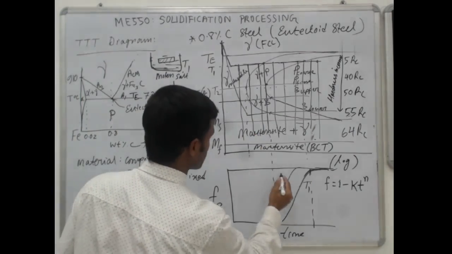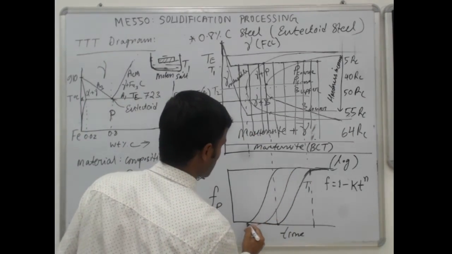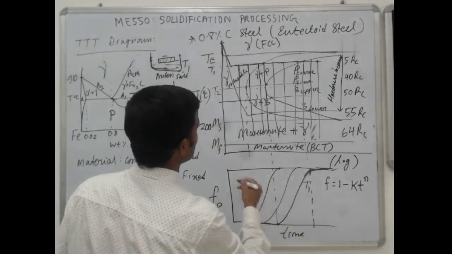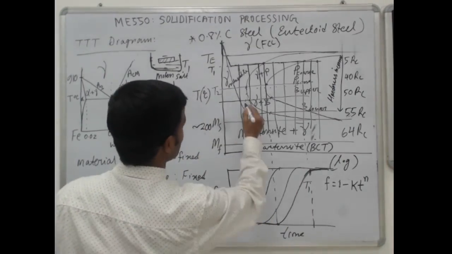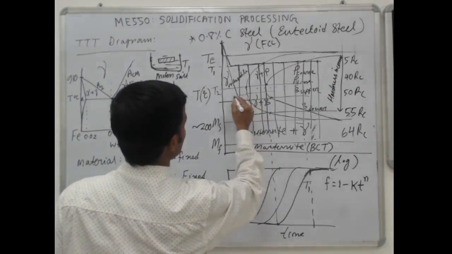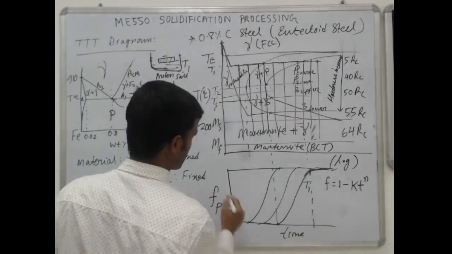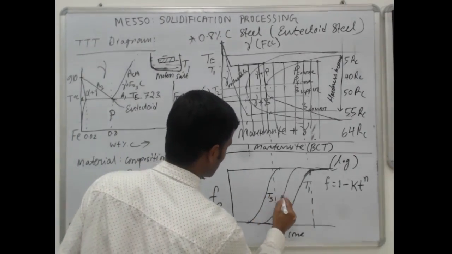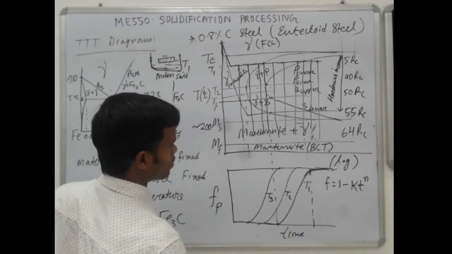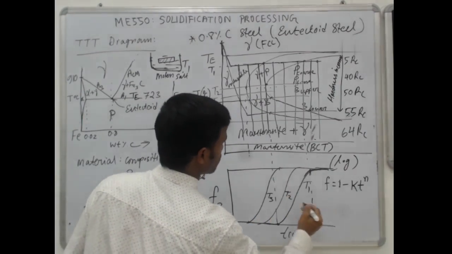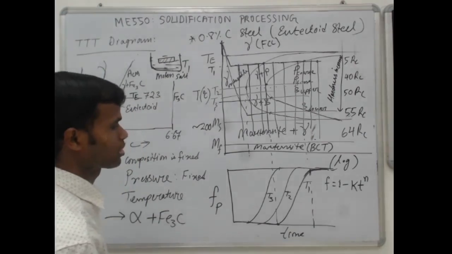At the nose it will be here, and after the nose point, at temperature T3, it again moves to the right side.